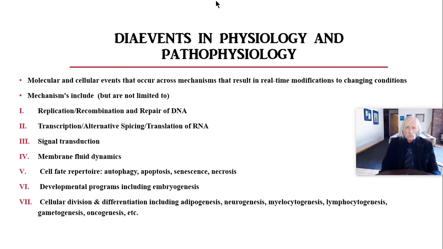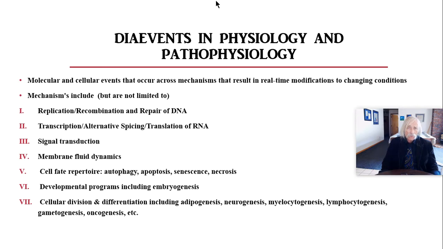So the mechanisms that may be involved here, but certainly aren't limited to, replication, recombination, repair of DNA, transcription, alternative splicing and translation of RNA, signal transduction pathways, including phosphorylation, ubiquitinylation, acetylation, methylation, interactions like that, which can be reversible, of course. Membrane fluid dynamics, which can also be fluid in their own right, that is changing back and forth and in other directions, non-linearly, that is stochastically over space and time at the level of microseconds.